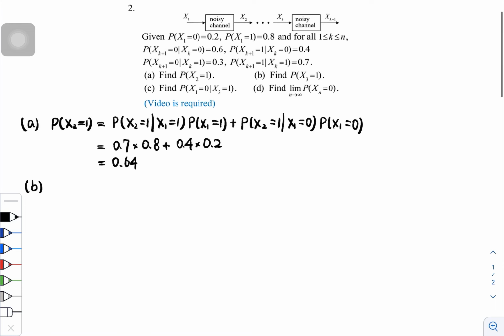In the next part, we can try to use another method to show it clearly. The final situation is the initial situation times the probability.